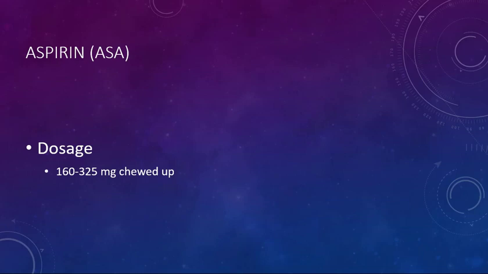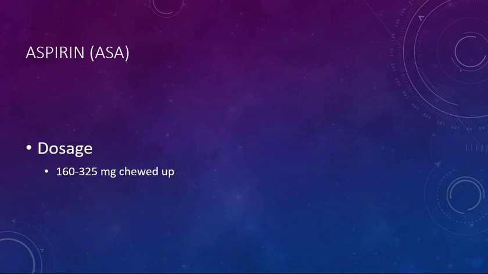It moves into the intestinal tract where we have much fewer nerve endings, and as a result of that, the time for that aspirin to dissolve and get into the system and go to the heart to begin doing what it's supposed to do, reduce inflammation, make the platelets less sticky, and to begin to dissolve that clot, can be extended by as much as 30 minutes to an hour.